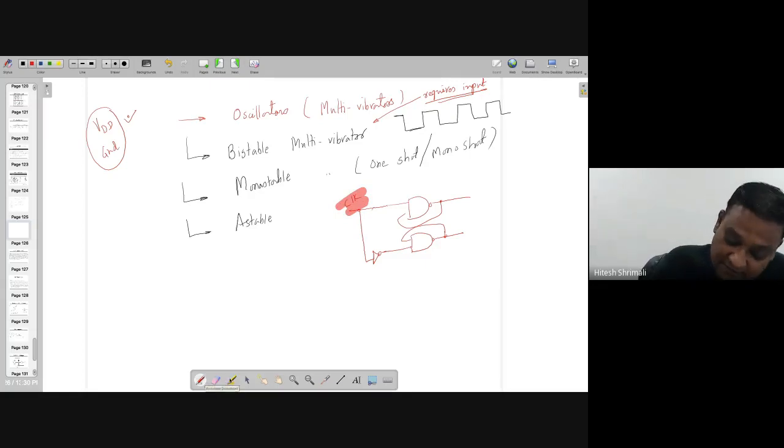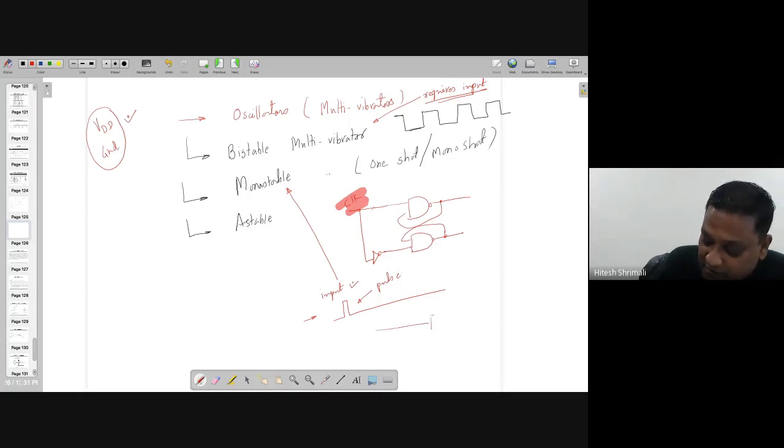But there might be another class where input is there, but output is just one shot like this, or the creation of the pulse. If you remember, we have done such kind of circuit previously, some delays there.